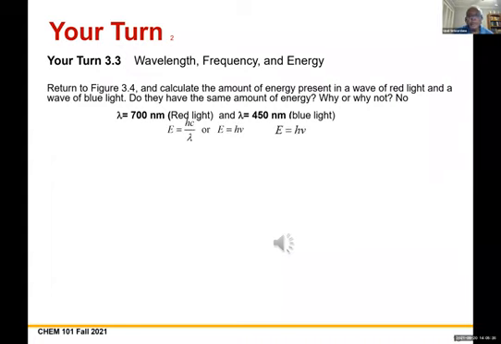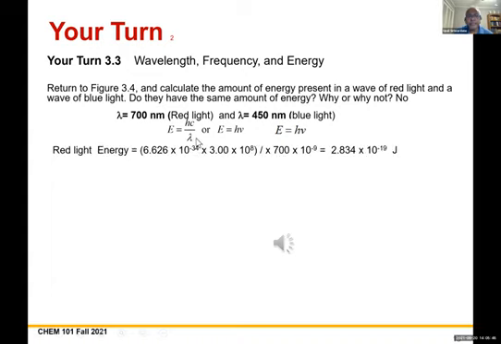If you use the Planck equation, the quantum theory equation that came from quantization of energy, you can use this equation in different ways. E is equal to h mu. You can rearrange to E is equal to hc divided by lambda.